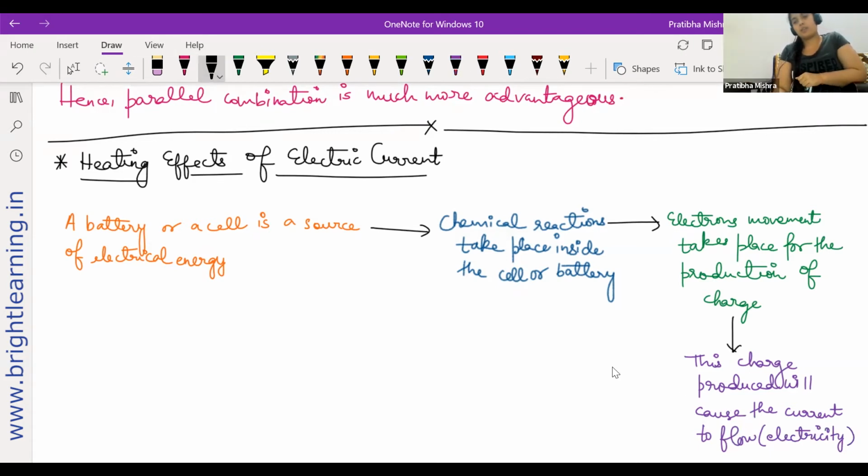Next arrow will be for the use of the electrical energy. So your electrical energy is getting converted into this thing, chemical energy, and then that heat is getting produced, movement of electrons, so charge is getting produced, etc. So many things are there.